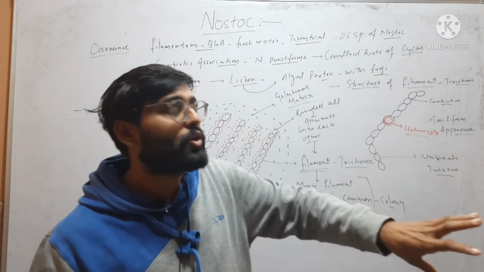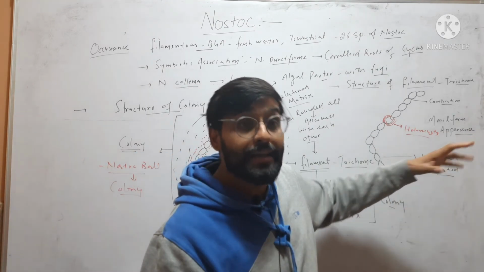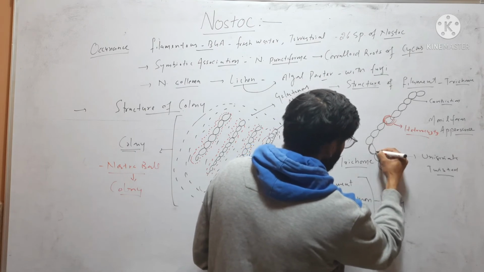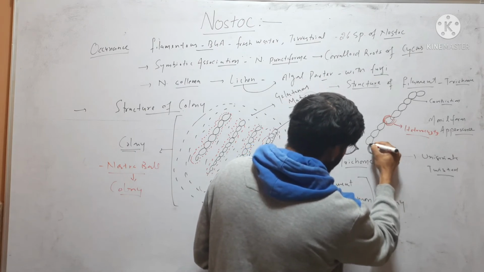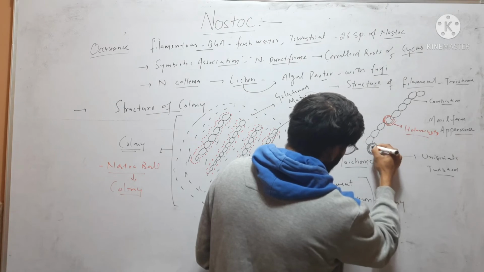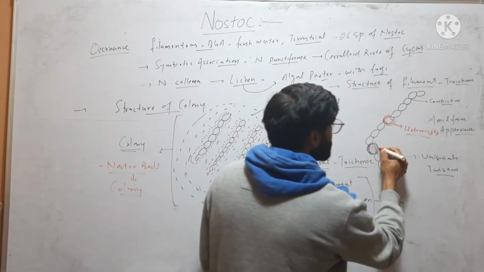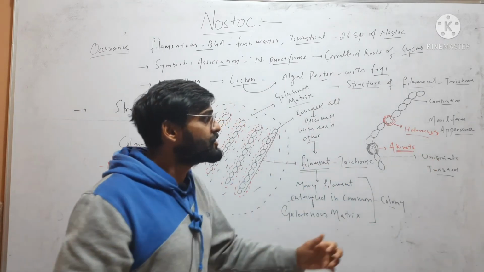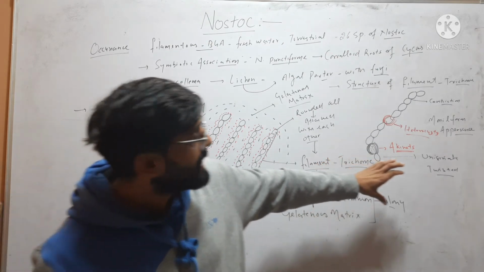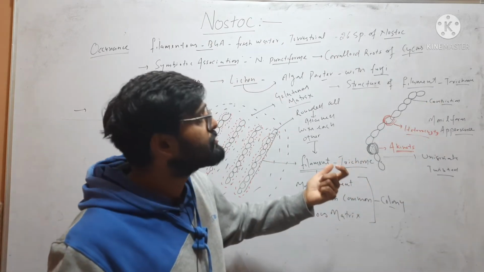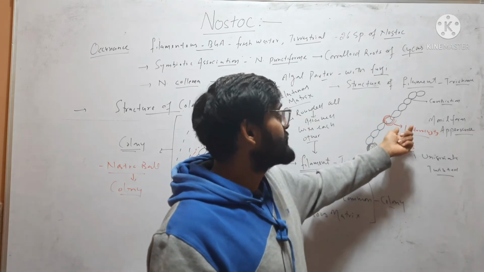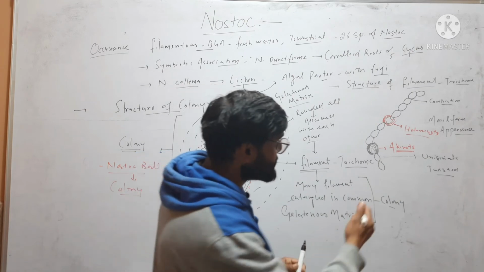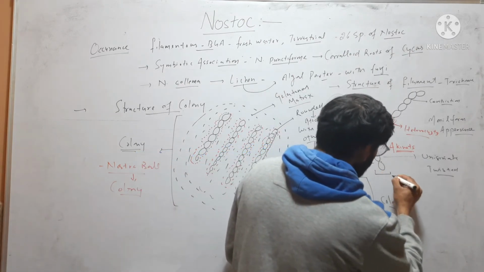Besides this, some other thick-walled cells are also there: thick-walled resting spores with abundant reserve food material, called akinetes. So it is a uniseriate twisted filament, with constricted cells giving moniliform appearance, and inside it there are thick-walled heterocysts and also thick-walled resting spores, the akinetes. This particular structure is called trichome.